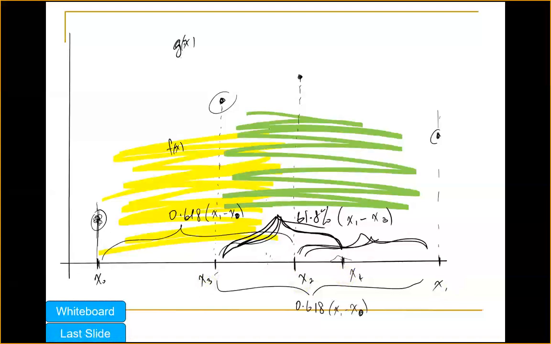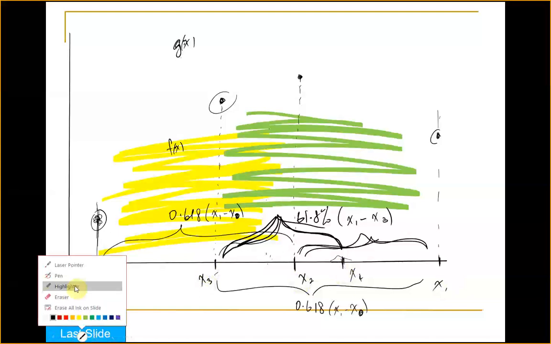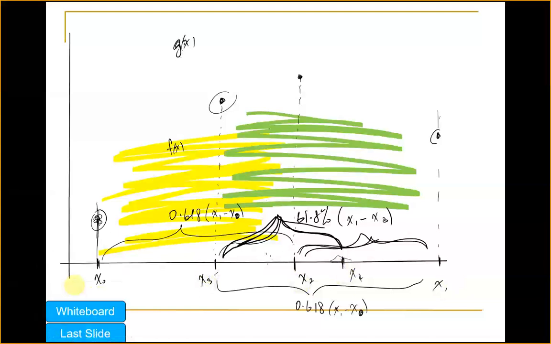Okay? And when I find the other 61.8, now I must ask myself, what is going to be my new range? Will my new range be between 3 and 4? That's from here to here, a 3 to 4 range. Or should my new bound be between 2 and 1?